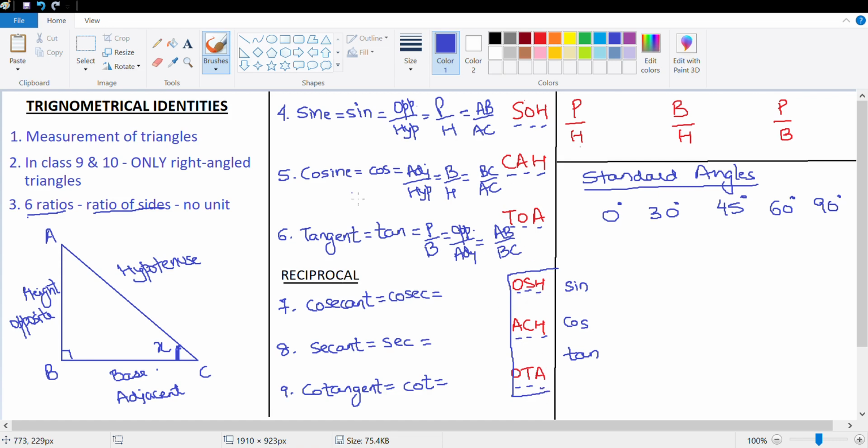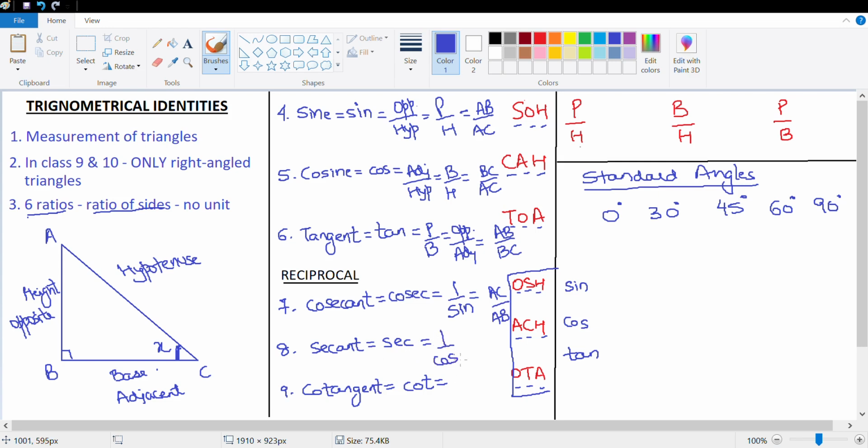And then you have 3 more ratios, which are basically the reciprocals of the first 3 ratios that we talked about. So cosecant is the reciprocal of sine. So this is 1 upon sine, which means in this example, it will be AC upon AB. Perfect. Secant or sec is 1 upon cos.